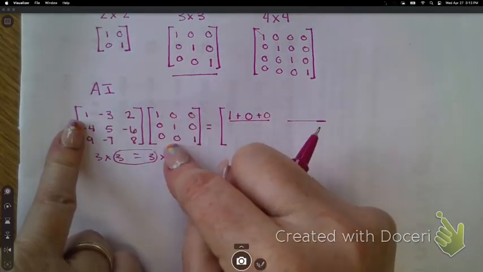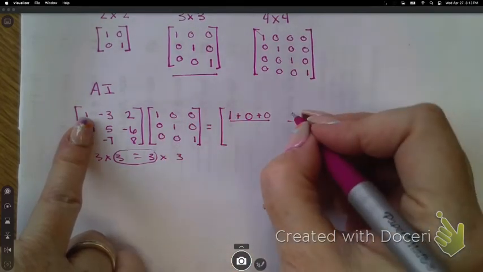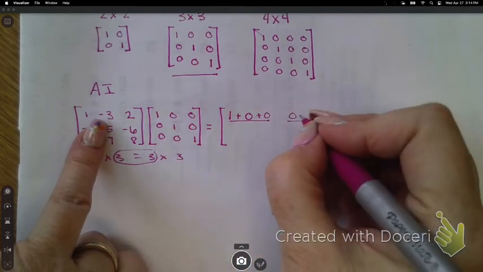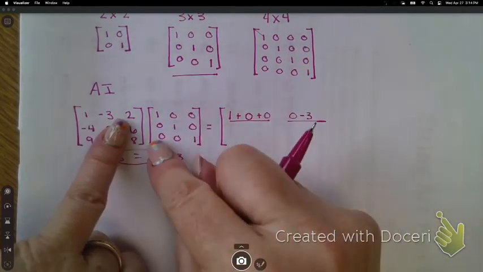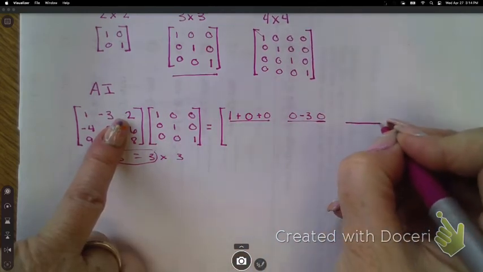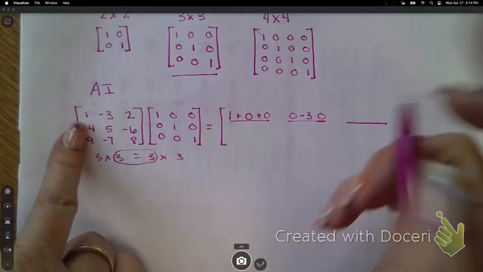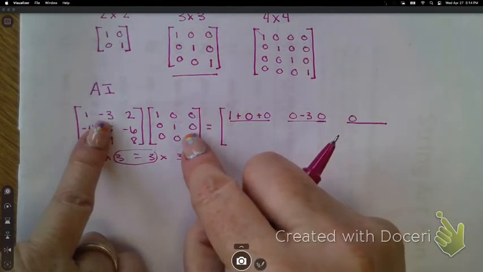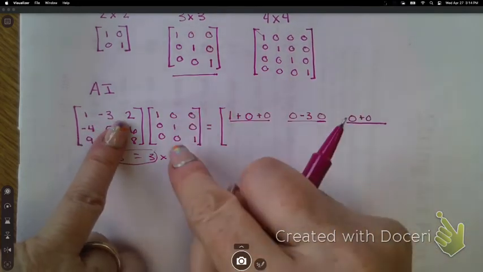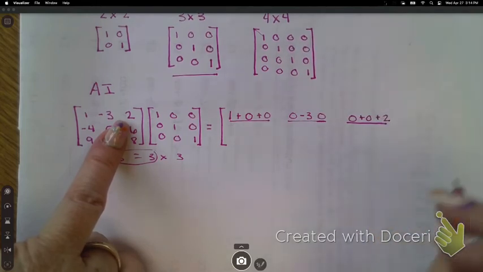First row, second column. 1 times 0, 0. -3 times 1, -3, and 2 times 0, 0. First row, what column now? Third. So 1 times 0, 0, -3 times 0, 0, and 2 times 0. I want to see at least this step today, okay?